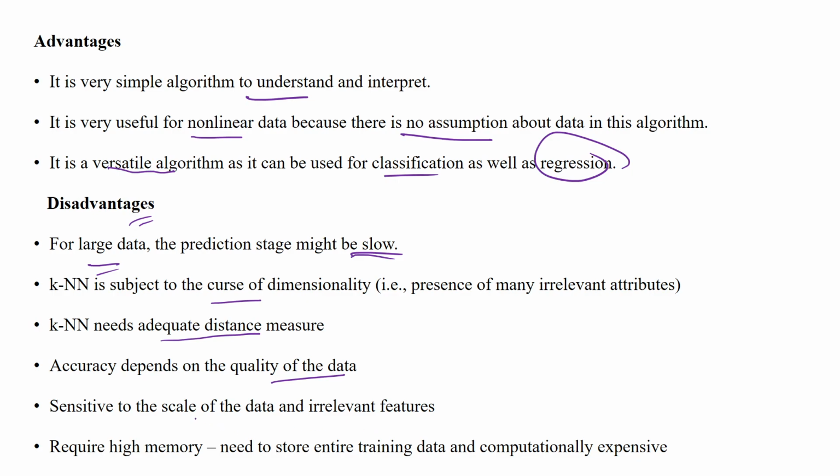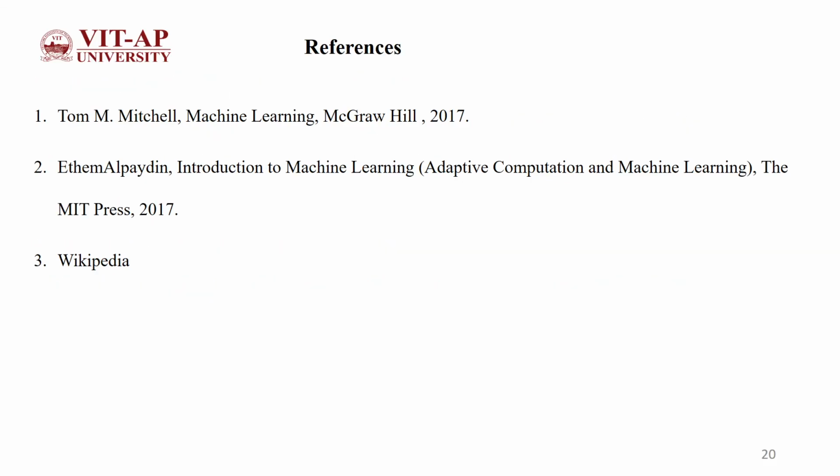It is sensitive to the scale of the data and irrelevant features. It requires high memory because we are storing the data in memory locations instead of learning from the data. That is one of the disadvantages. So with this, the KNN classifier is over.